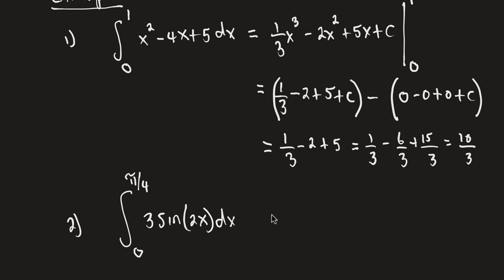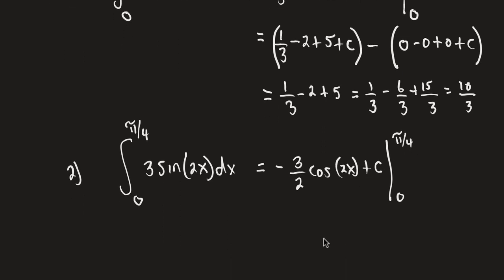Right? So the antiderivative of 3 sine of 2x is negative 3 halves cosine of 2x plus c, and then we evaluate it at 0 and at pi over 4.